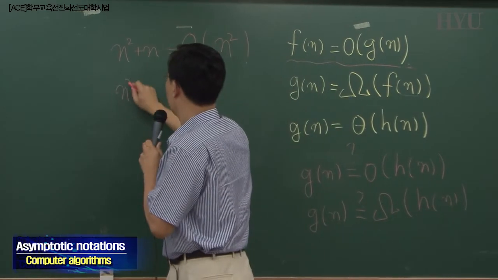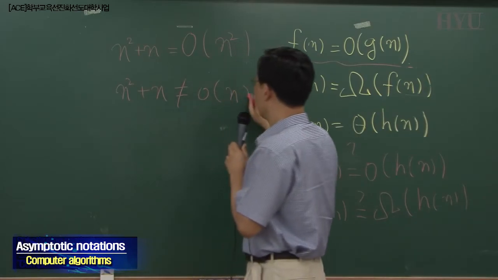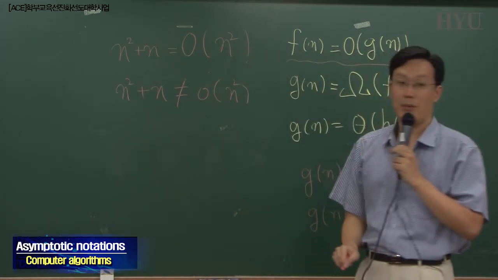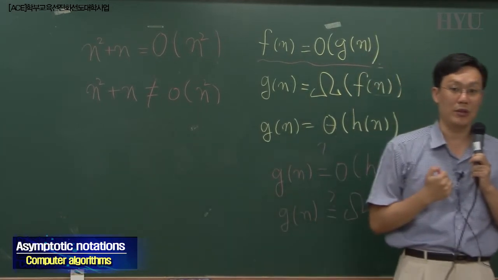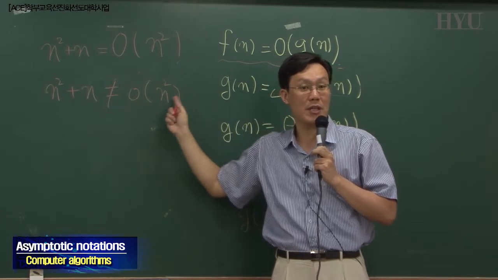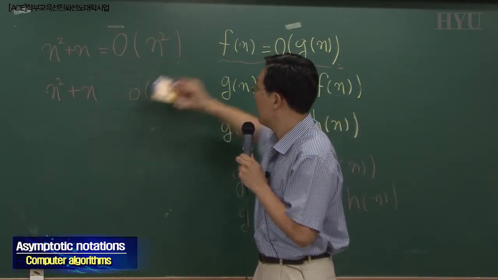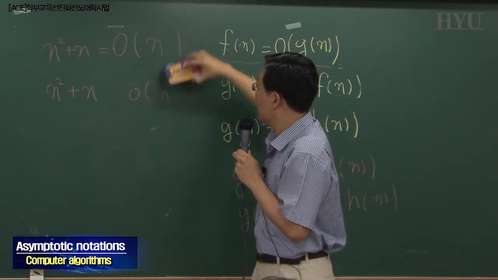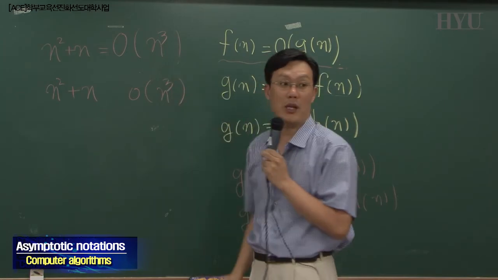But n squared plus n isn't little o of n squared because the two degrees are the same. But what if the degree is 3?